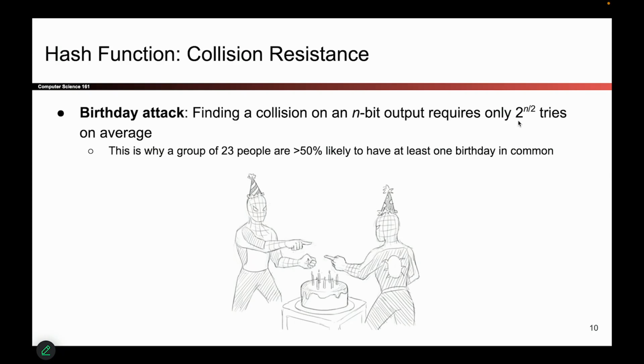And we've already said that if you want to try something 2 to the 128 times, it's not finishing before the universe ends. So with a big enough output space, finding a collision is extremely hard. You'd have to try 2 to the 128 times, or if the output was 512 bits, you'd have to try 2 to the 256 times, and the universe is going to melt down before you finish trying that many times.